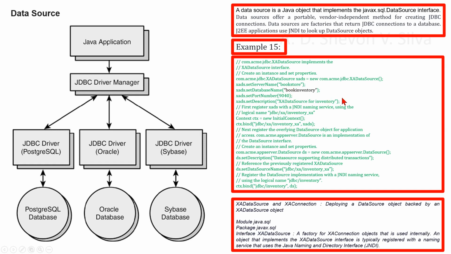Deploying an XA data source object is done in exactly the same manner as the connection pool data source objects. The two-step process includes deploying an XA data source object, and the application visible data source object, as it is done in this code example.